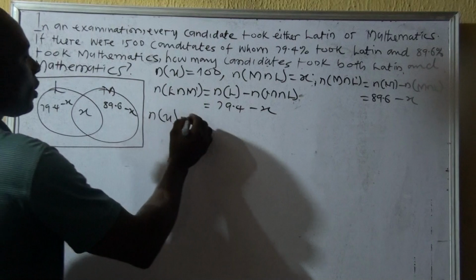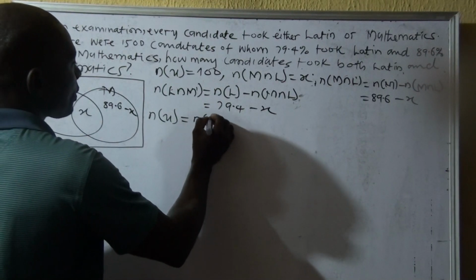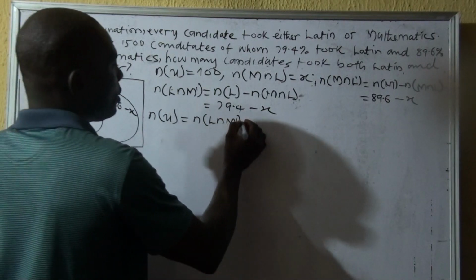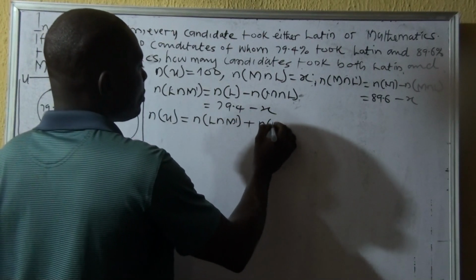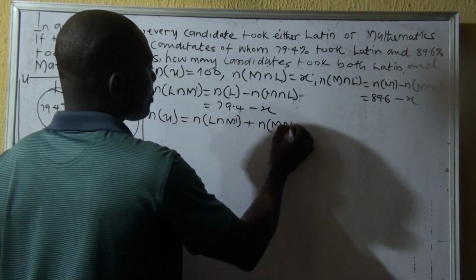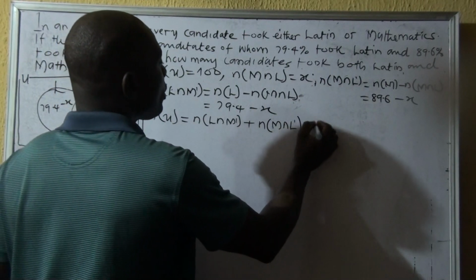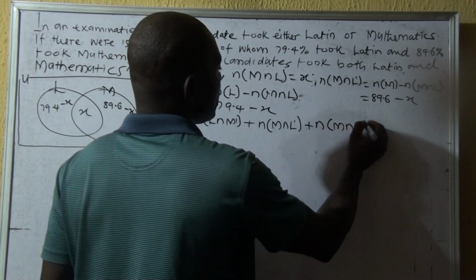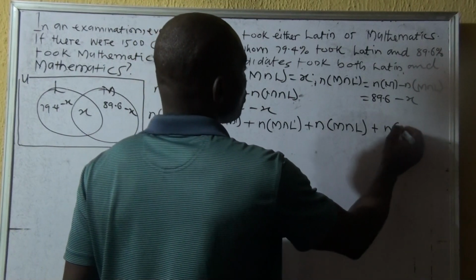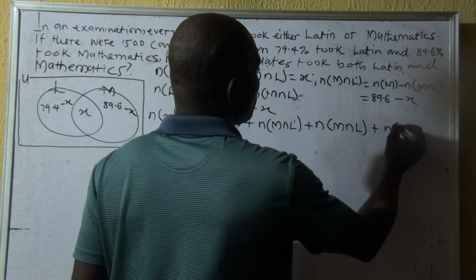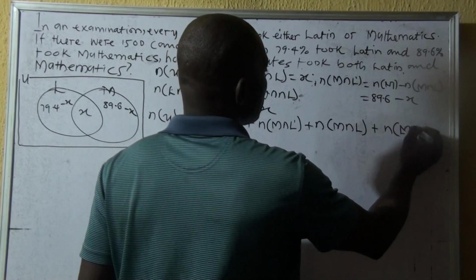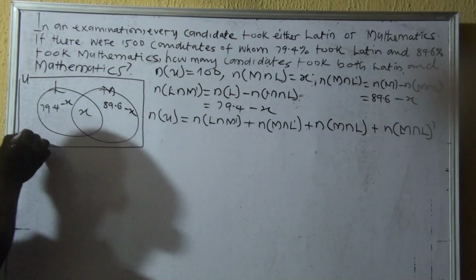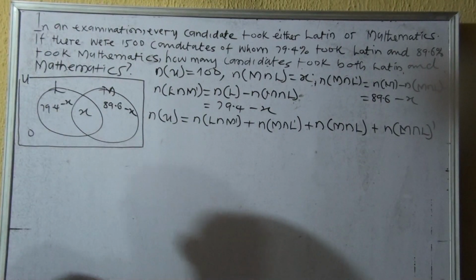The number of U is equal to the number of L intersection M complement, those who did only Latin, plus the number of those who did only mathematics, plus the number of those who did mathematics and Latin, plus the number of those who did neither mathematics nor Latin. But here, actually, it is assumed to be 0.